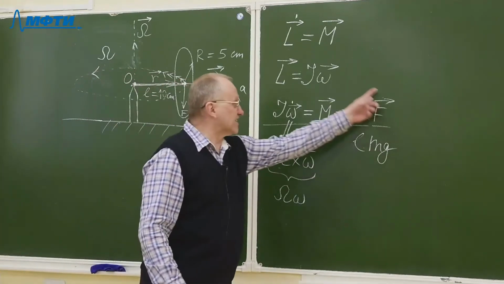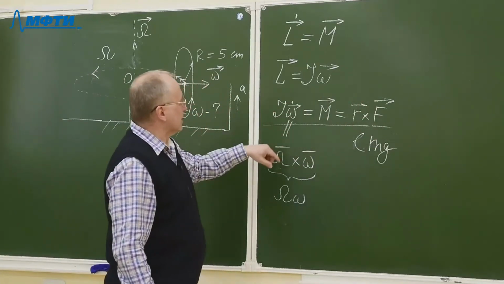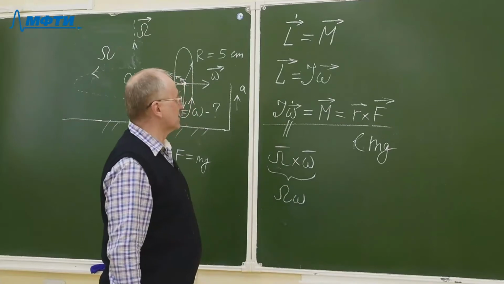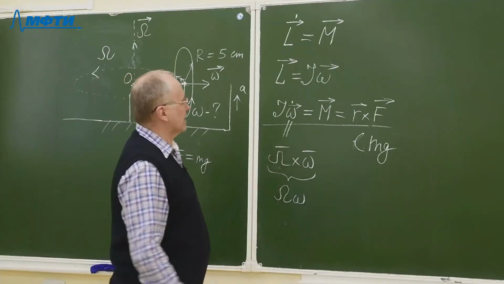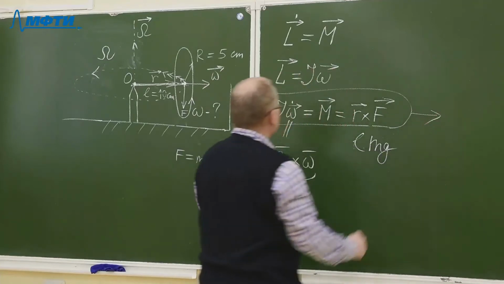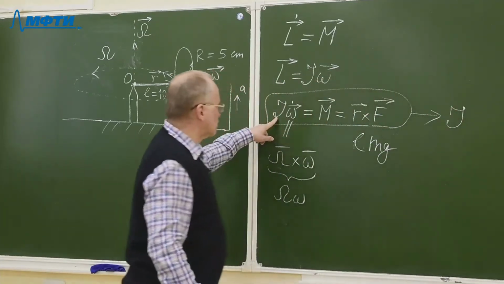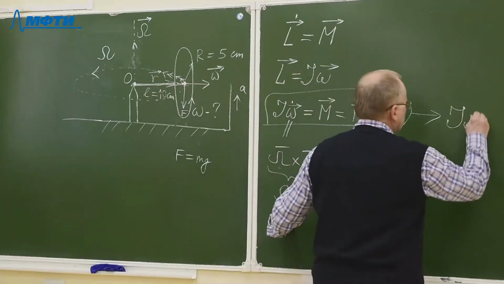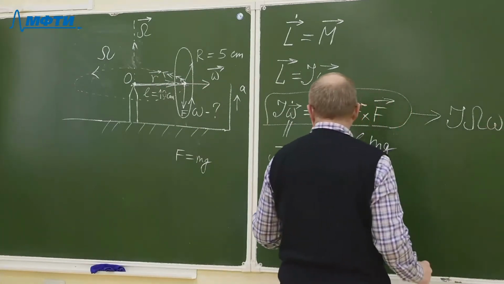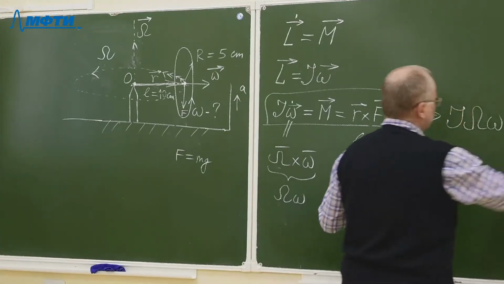So this vector equation, which looks complicated because it has vector products and vector quantities, can be simplified if we go to the magnitudes of these vectors. Then we will have moment of inertia I times capital omega times small omega equals LmG.